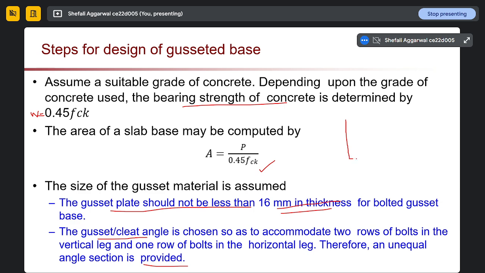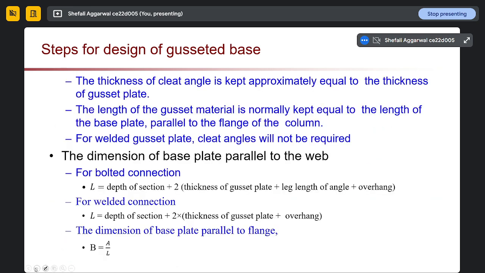So if this type of cleat angle is provided, we should have two rows of bolts in the vertical section, and in the horizontal section, one row of bolts should be provided. Because of this, we are providing an unequal angle section in our gusset base.